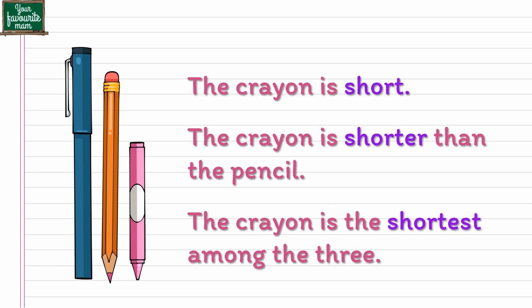So short, shorter and shortest. These are the different forms of the same adjective. Short is being used to describe the quality of an object without comparing. Shorter is used to show comparison between two objects, and shortest is used when there are more than two objects.